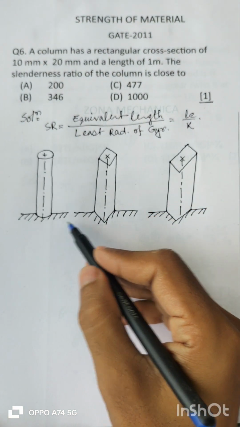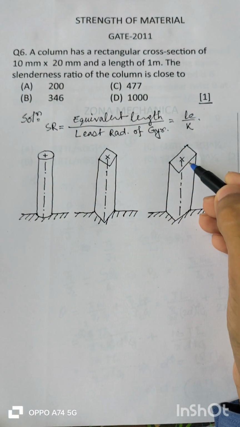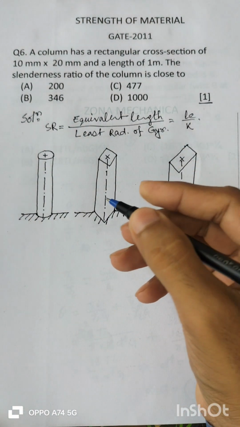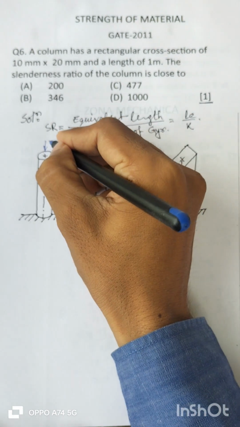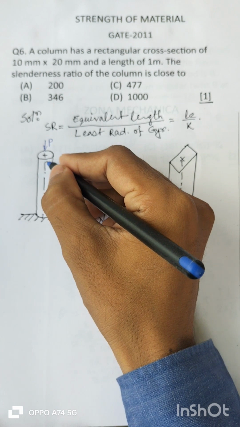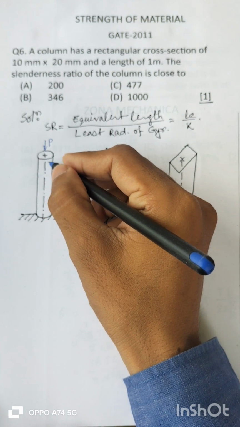Let us consider these three columns of circular cross section, square cross section and a rectangular cross section. If some buckling load is applied to the column, then the column will buckle in its weakest direction.